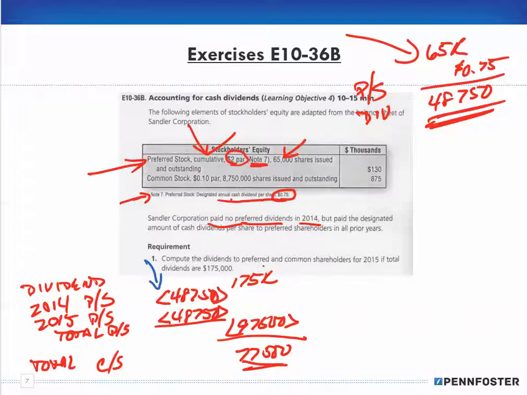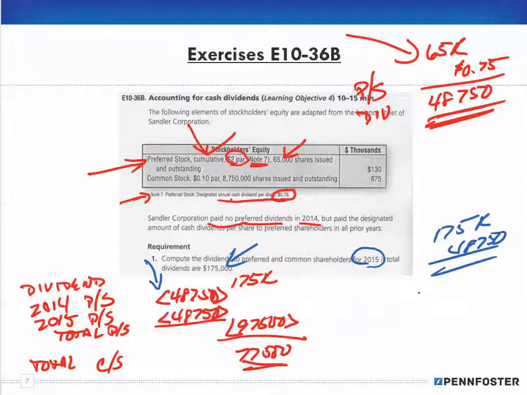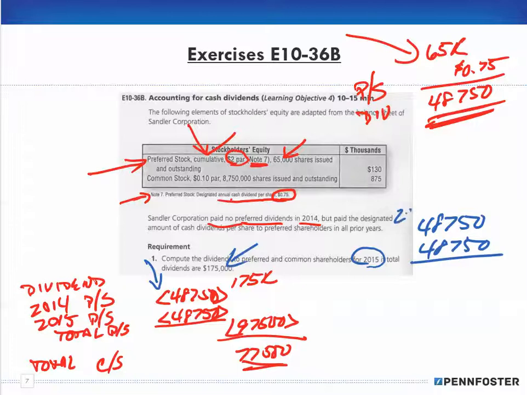So now it says compute the dividends for preferred and common for 2015 if the dividends are 175,000. Well, you can't just take 175 and take out the 48,750 for what's owed in 2014, because this is now 2015, and 48,750 was owed in 2014. 48,750 was owed in 2015, which is what we're showing here.